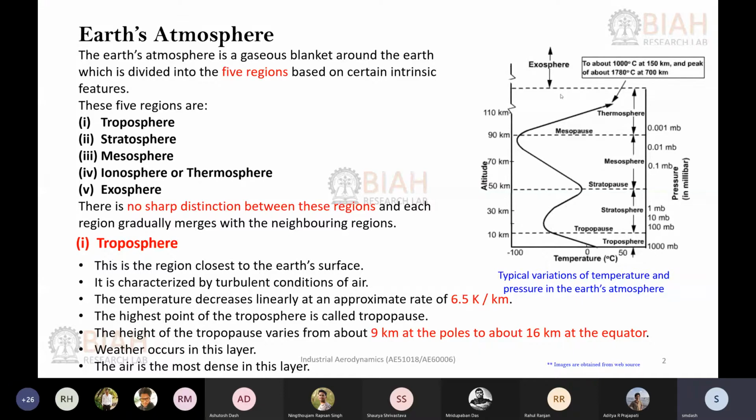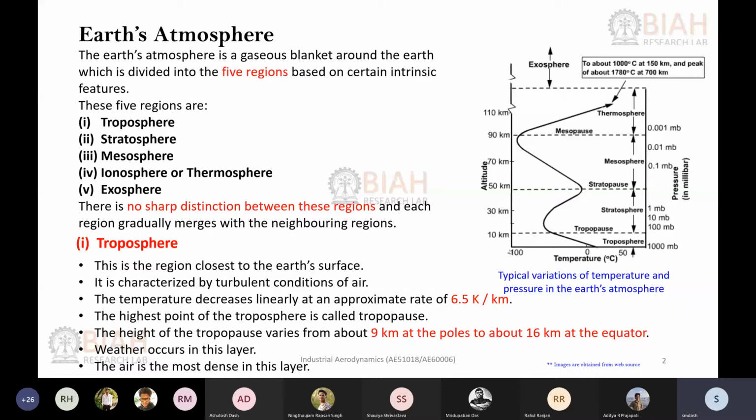So the total weight is acting on this region, and the air molecules are quite densely packed in the troposphere.